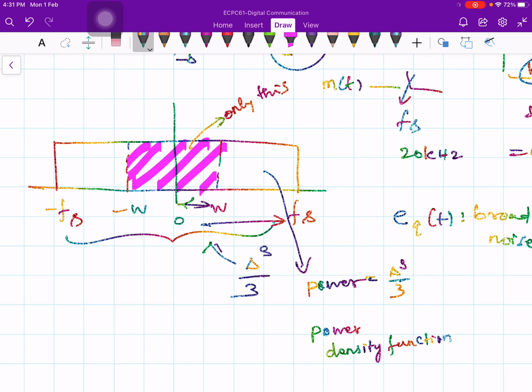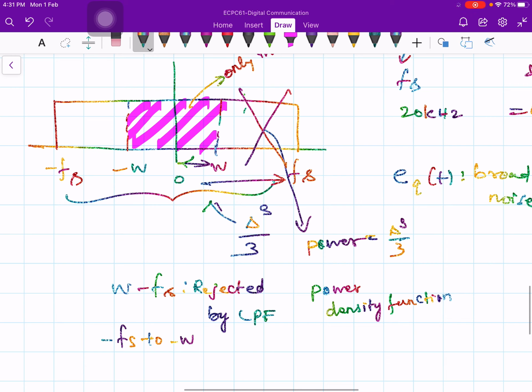Why? Because anyway I am going to put a low pass filter, and my low pass filter will allow the component up to W. It will reject the component in this range W to fs, rejected by the low pass filter, and minus fs to minus W also rejected by the low pass filter.